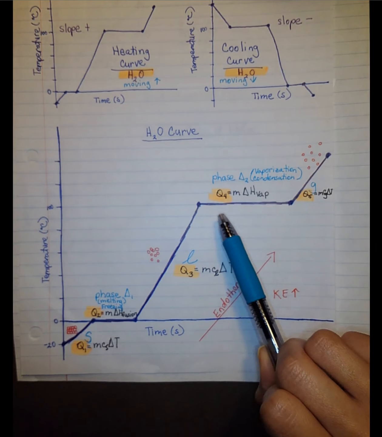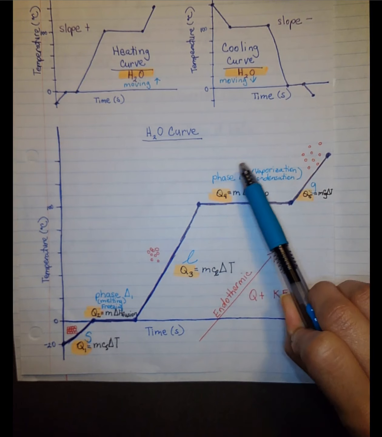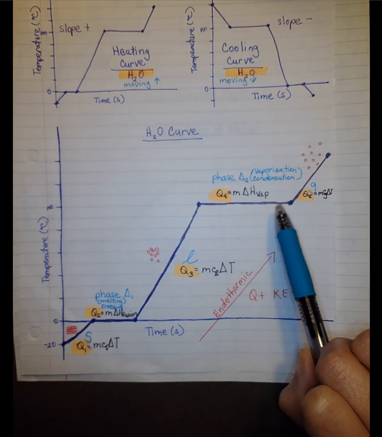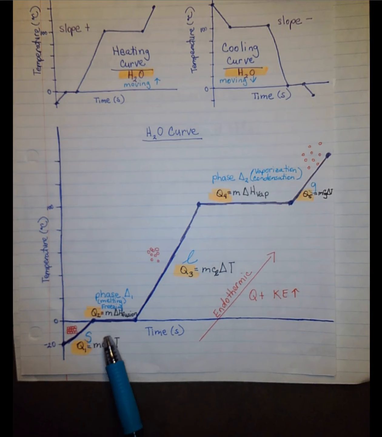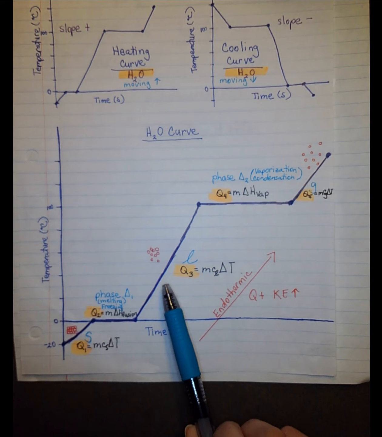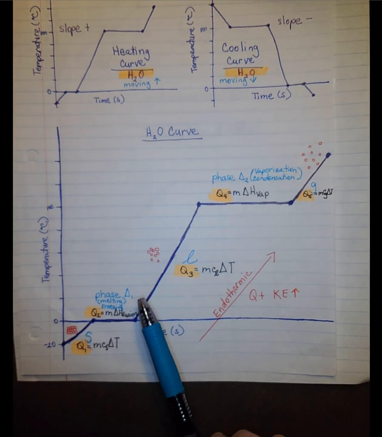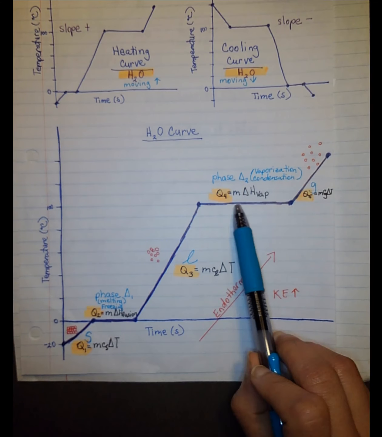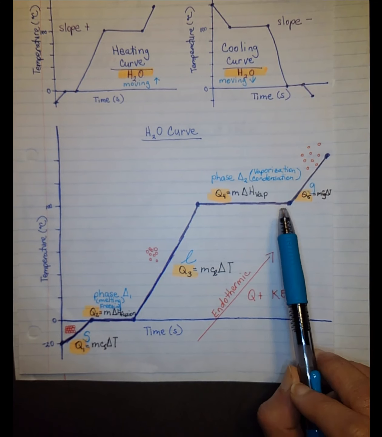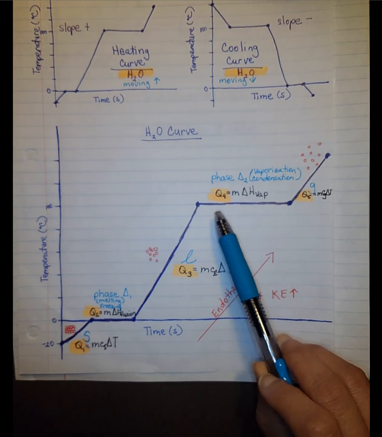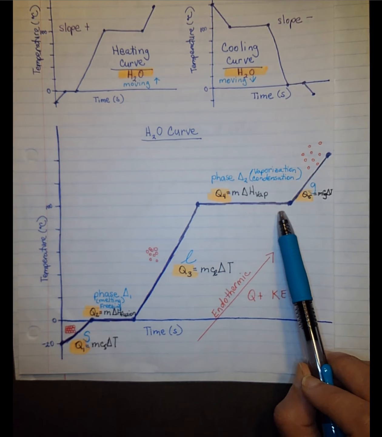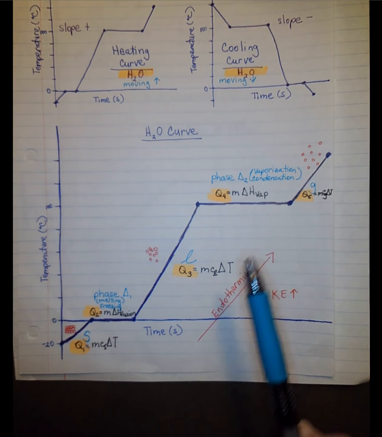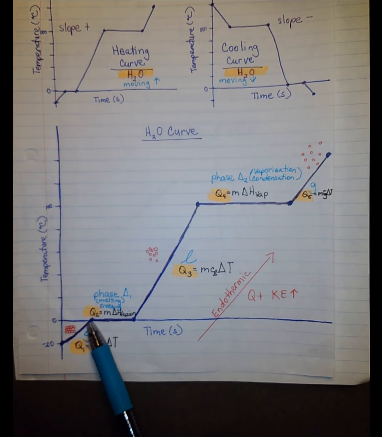So the molecules and atoms at phase change 2 need greater energy versus the molecules and atoms in phase change 1, where they're simply spreading out a little bit, still in contact with each other and not moving as fast. So we see this length right here for phase change 2 being longer, indicating that more energy is needed versus phase change 1 where not so much energy is needed.